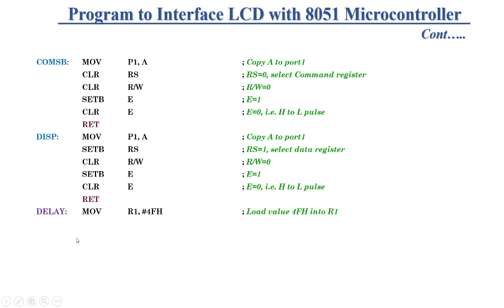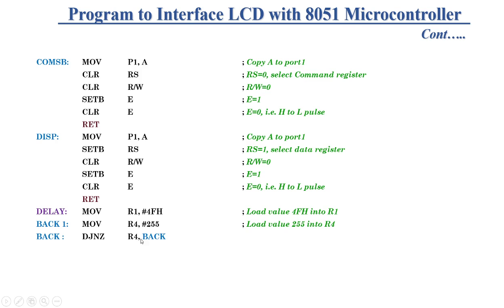For this delay, we are loading the value 4FH into register R1 using the instruction MOV R1, #4FH. Then here again we have loaded the value 255 into the R4 register, and here we have decremented the R4 register. If this register after decrementation is not 0, it has to stay over here.